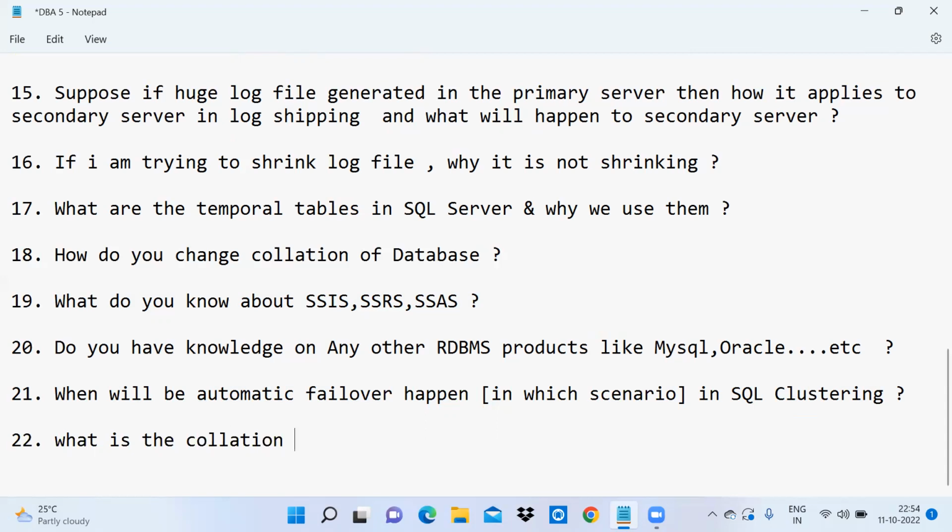He asked the name of the default collation while installing SQL Server. So these are the questions.